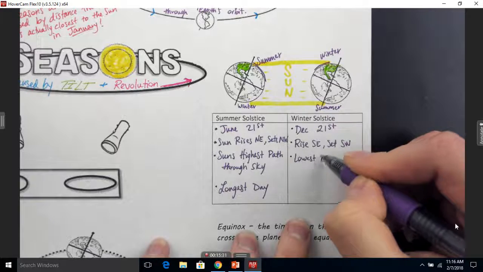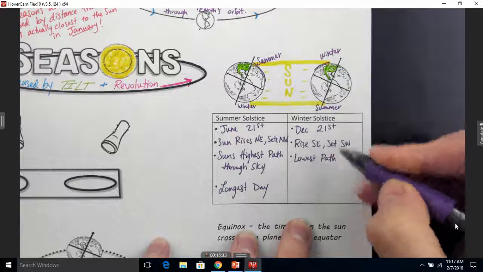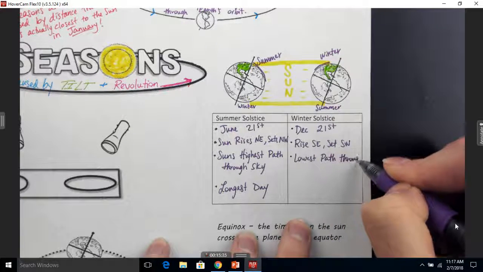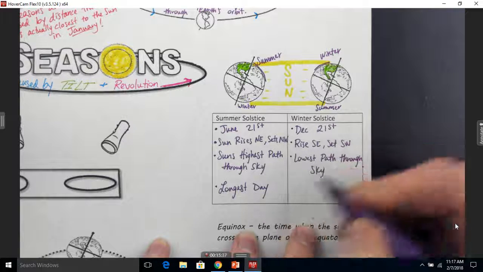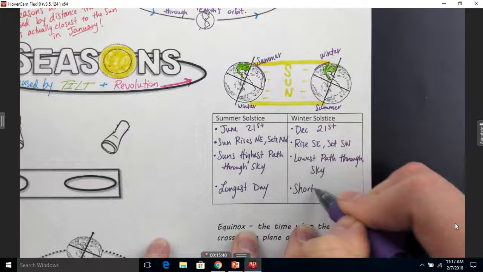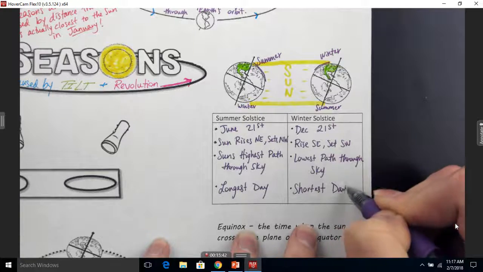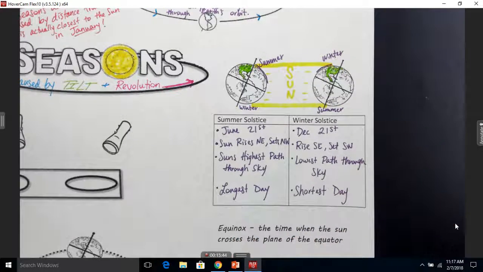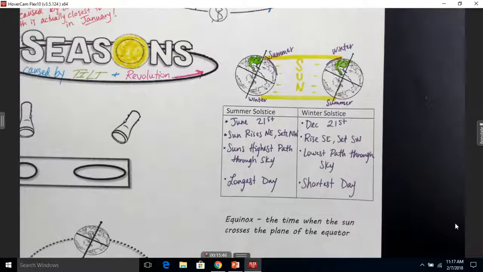It's the lowest path through the sky, and it's the shortest day. Rise southeast, set southwest.